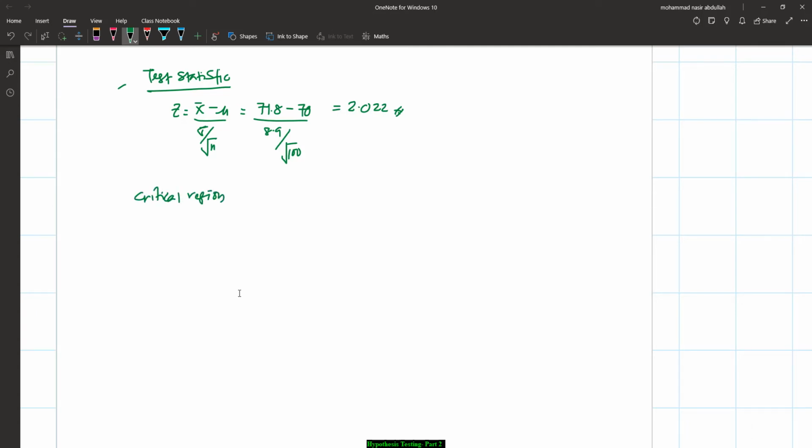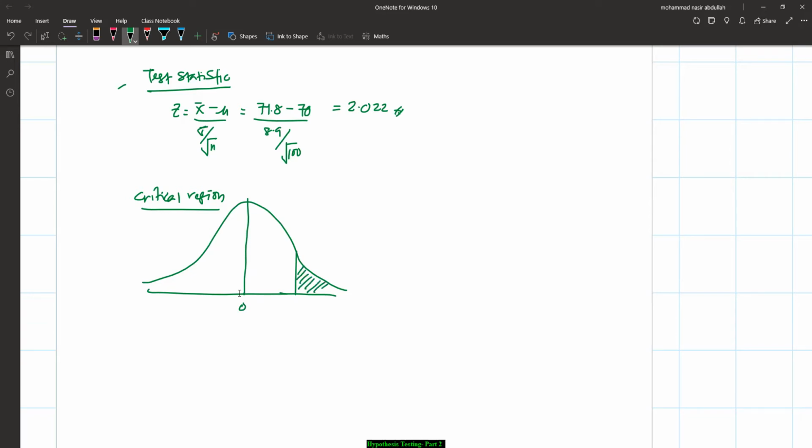So next step is our critical region, right? Since this is a greater than, so we only focus on one tail lah. For example, this is from 0, the mean is equal to 0 because you are focusing on Z distribution.